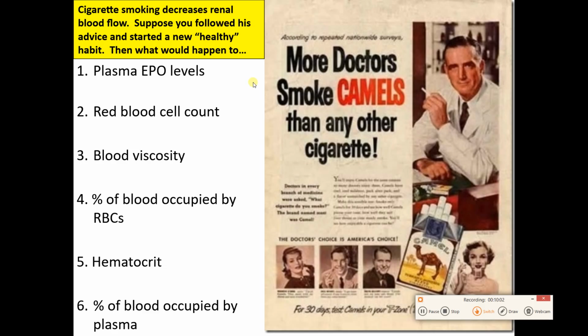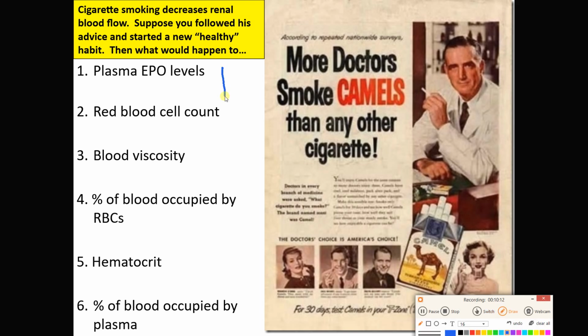Hey, welcome back. If you've got less blood going to the kidney, less oxygen to the kidney, the kidneys are going to respond by making EPO. EPO, erythropoietin, stimulates erythropoiesis, so red blood cell count will go up, and blood viscosity increases because the blood is thicker.